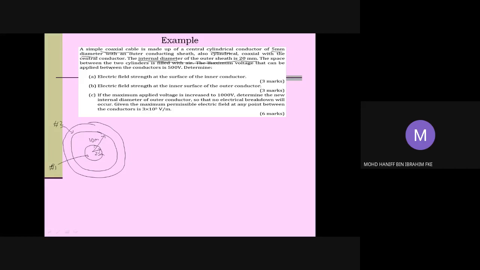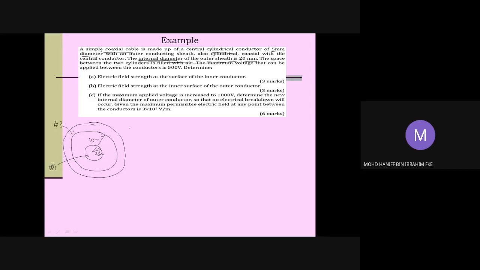That should be the sketch for this particular problem. To rephrase the sketch: 2.5 milli is the radius for the internal conductor, and 10 milli is the internal radius for the outer conductor. Hopefully you understand from the given question. You must be able to sketch the given problems clearly.